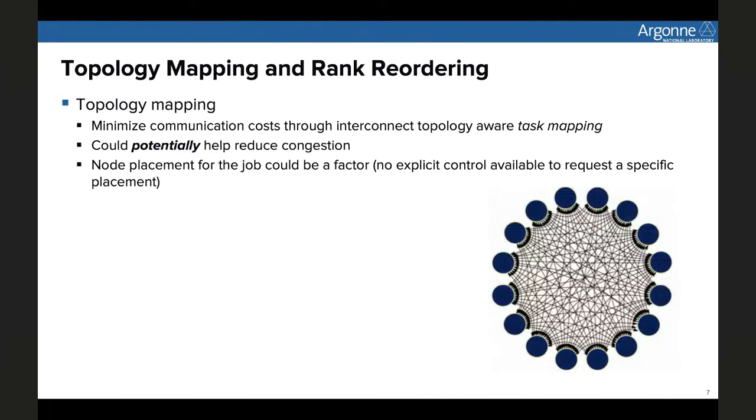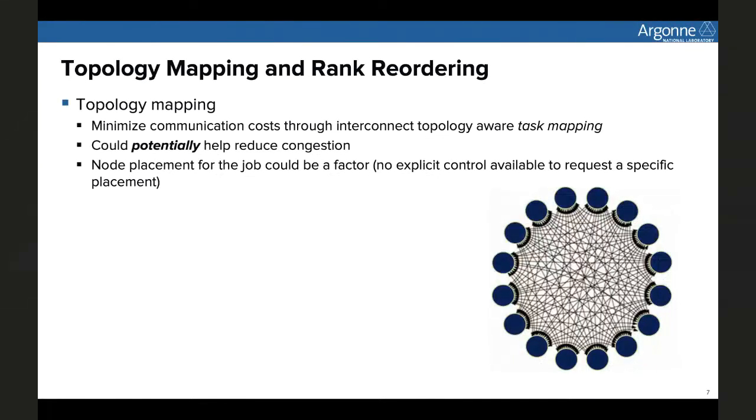But still, we found that there could be some improvements exercised by localizing the communications within nodes. So the following few slides are going to touch on the optimizations one could explore. Essentially, the mapping is to minimize the communication cost through the interconnect topology with task mapping. So this could potentially reduce the congestion.